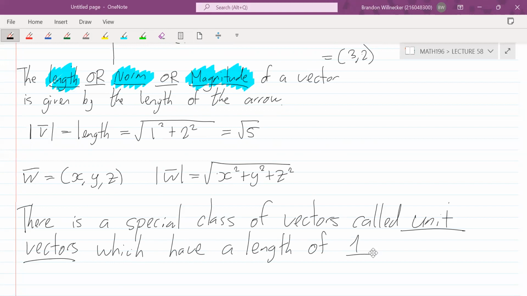So if you calculate the length of a vector and you get an answer of 1, then we call that vector a unit vector.